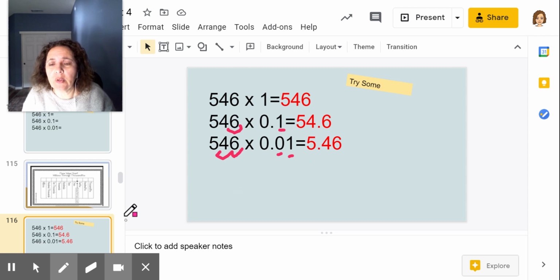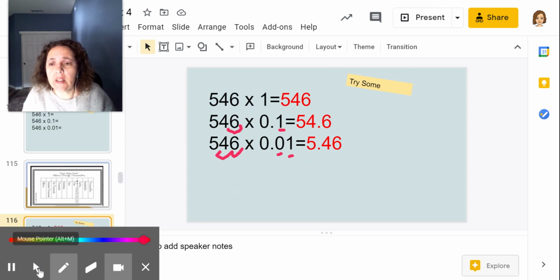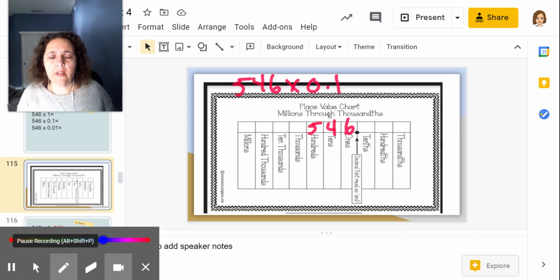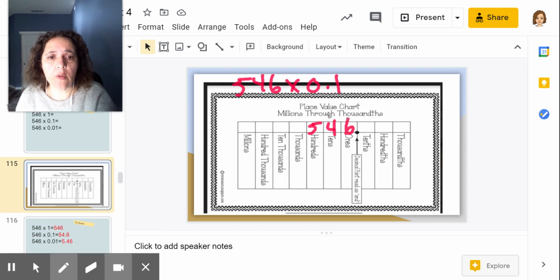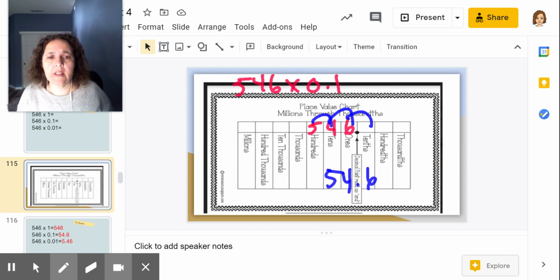So I'm going to show you really quick on the place value charts just so you see it, and then we'll be done. Okay, so I wrote my 546 times 1/10, 1 shift. So 1 shift there, 6 will go there, 1 shift, 4 will go there, 1 shift, the 5 will go there. My 54 and 6/10.